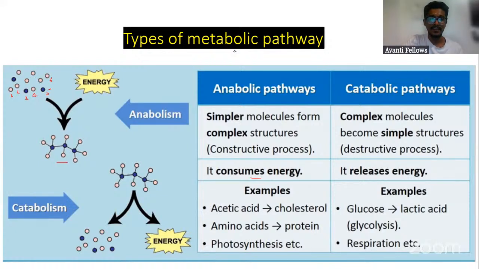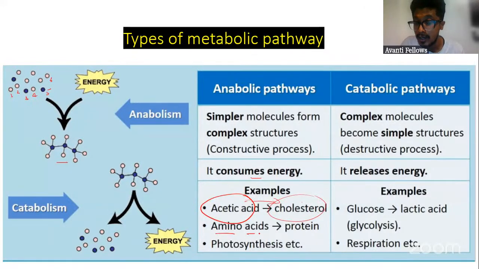Okay, so one key thing that you have to observe is that it's all based on examples. We know the thing, we know the definition, and we know what happens in this process. But remember the examples. If I talk about anabolism, that is when I use acetic acid for the production of cholesterol. That means simple to complex. Acetic acid to cholesterol is an example of an anabolic process.